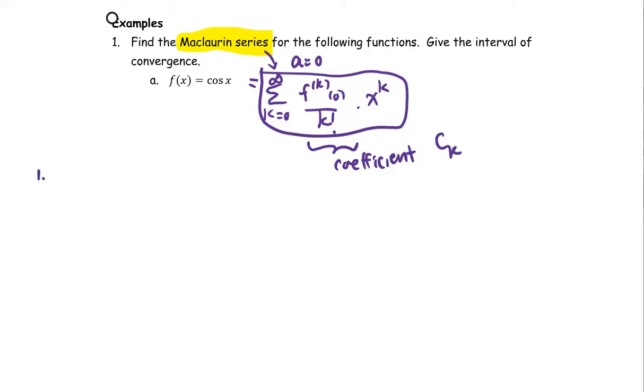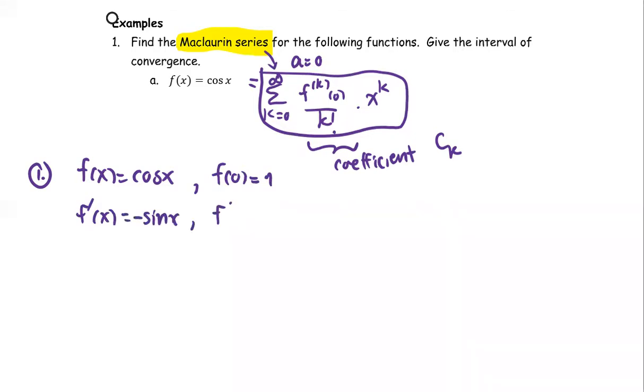Step 1, we're going to find the kth derivative of f of x equals cosine x at 0, or at a equals 0. f at 0 equals cosine 0, or 1. f prime is negative sine x, and f prime at 0 is negative sine 0, which is 0. f double prime at x is negative cosine x, and f double prime at 0 is negative cosine 0, or negative 1.